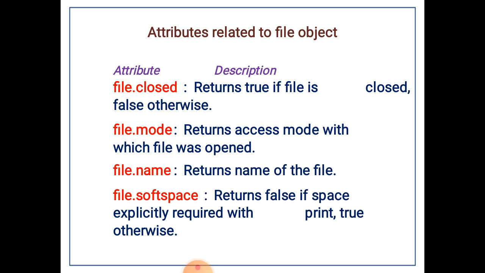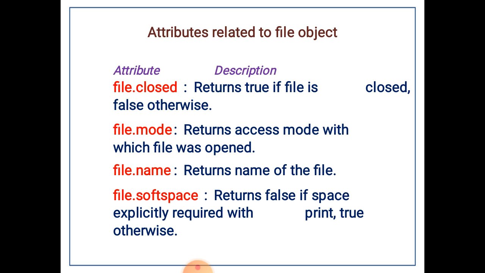During the previous classes, we learnt about the access modes: R, RB, R plus, RB plus, W, WB, W plus, WB plus, A, AB, A plus and AB plus.